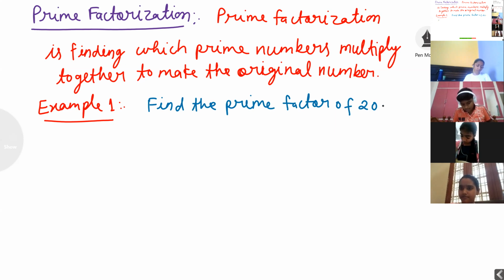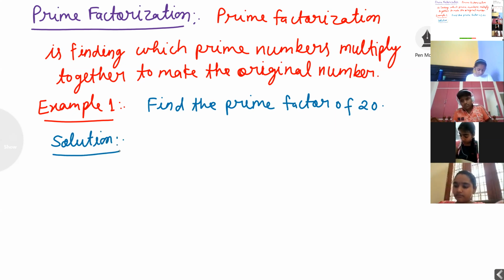Solution. I want to find out prime factor of 20.